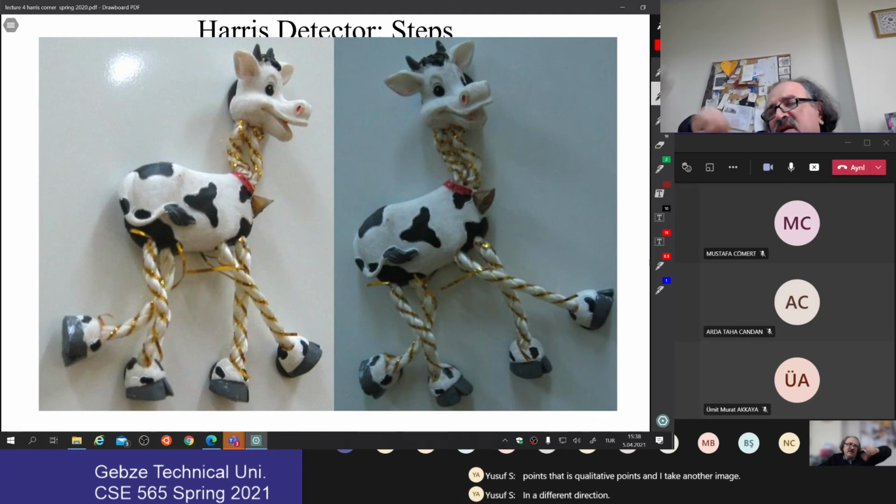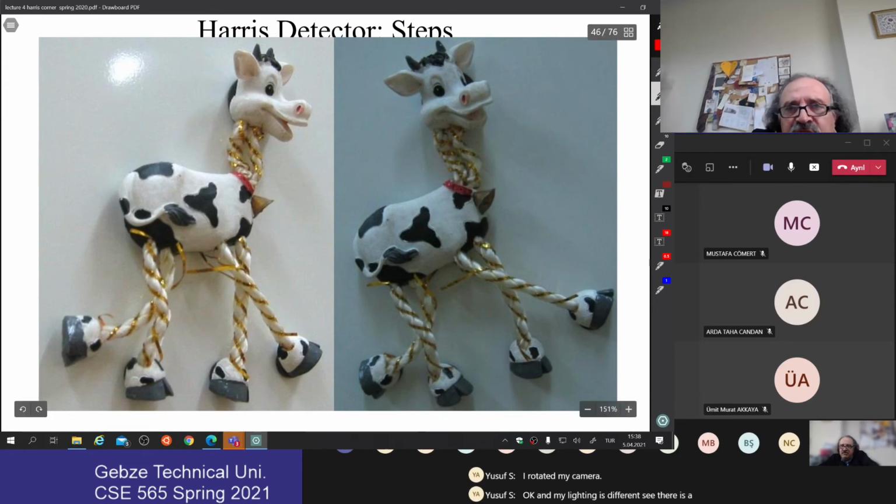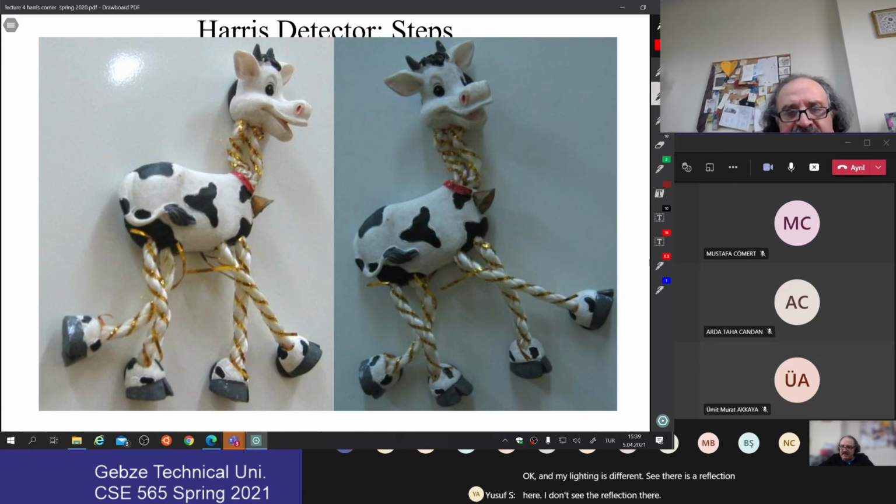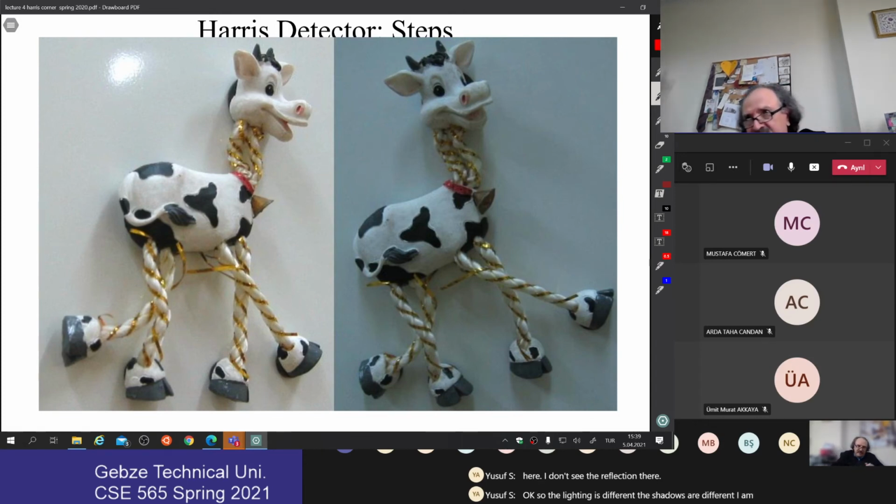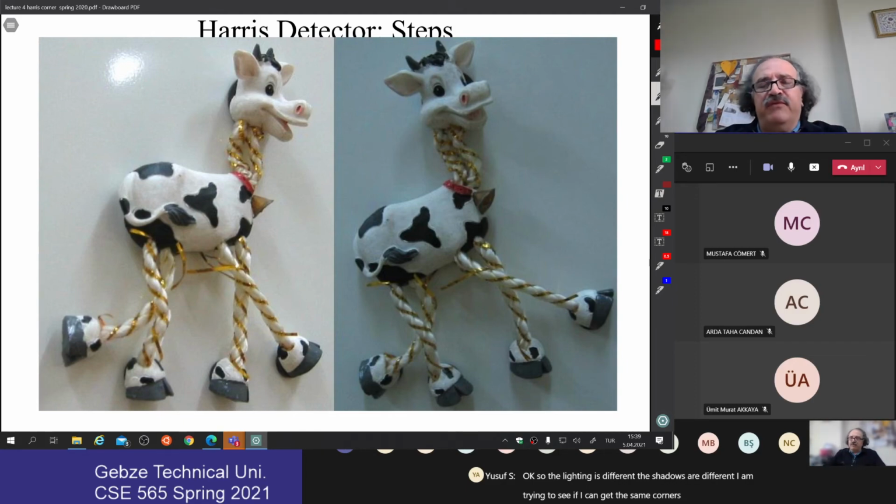I rotated my camera, and my lighting is different. See, there is a reflection here. I don't see the reflection there. So the lighting is different, and the shadows are different. I am trying to see if I can get the same corners from the two of them.